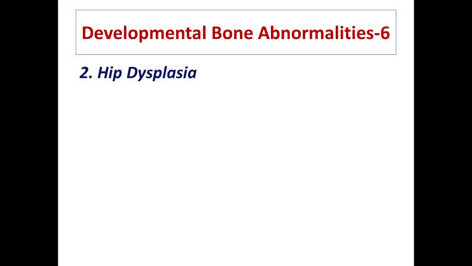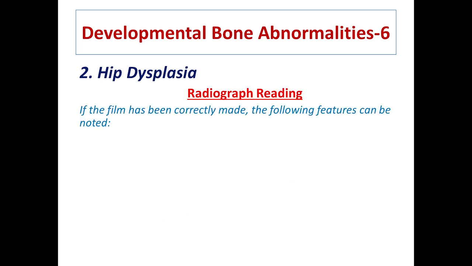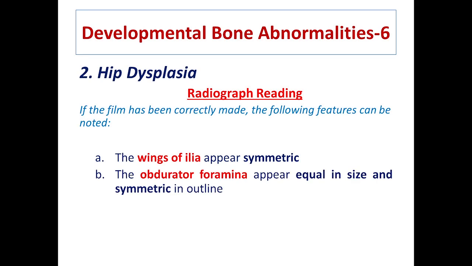After taking the radiograph, let's come towards reading the X-ray image. This is the most important segment of this video, so listen very carefully. First, you have to check the wings of the ilia. Both wings appear symmetrical. Then the obturator foramina should also be equal in size and symmetrical.